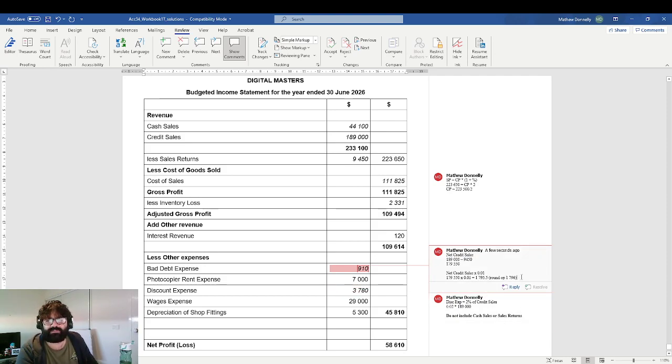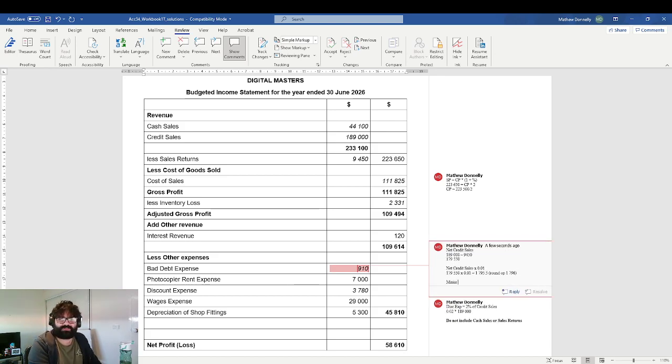Minus 800 from the start, and you have the bad debt expense. 1796 minus 800 will be 996.